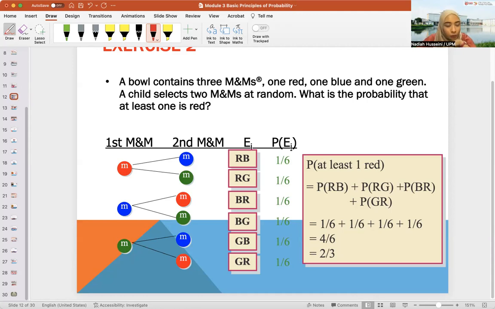Okay, so just now we used the product rule and also the combination to determine the probability of selecting one red, right? So how do we list out like this table instead of using the formula? Anyone wants to try?